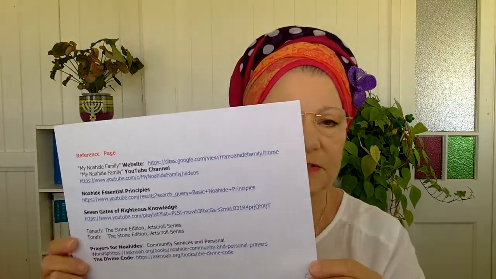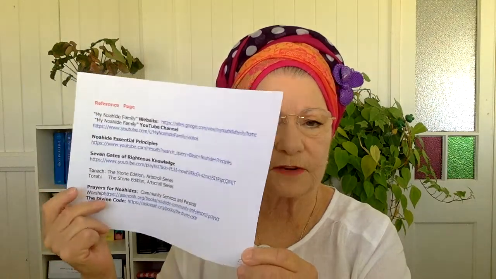So that's that. Now, I also had a reference page up, which I'm just going to very briefly show you, because this will continue on with every lesson, and I'll add to this reference page if there's anything else we need to add to it.